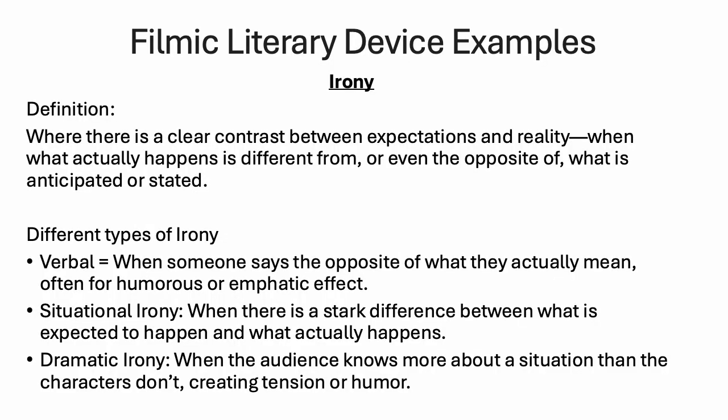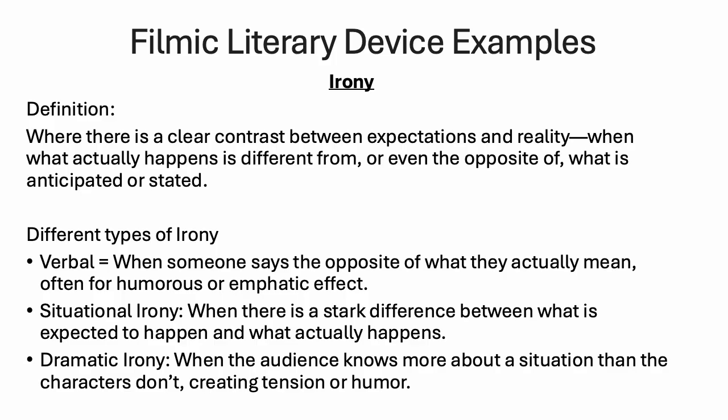Irony is commonly used in film, and irony is simply defined as when the intended meaning is the exact opposite of what is expressed. Now, there are many different types of irony in film, and we'll take a look at those three right now. The first type of irony is verbal irony, when a character says something that means exactly the opposite of what they meant. Now, this is usually in the form of sarcasm or humor, but we see this quite often in film and in everyday language.